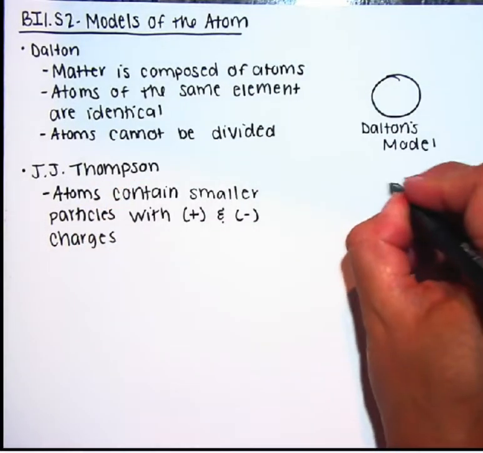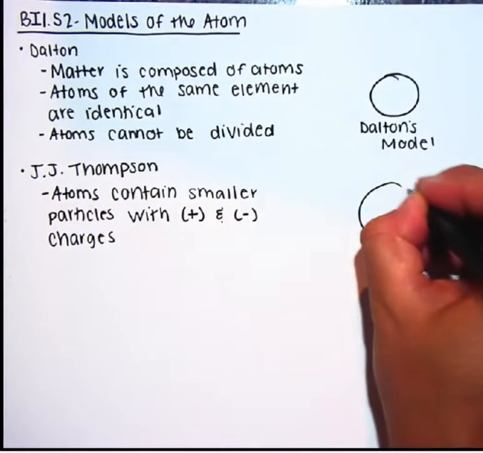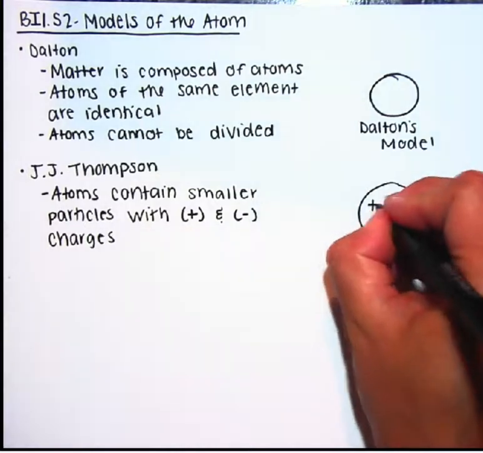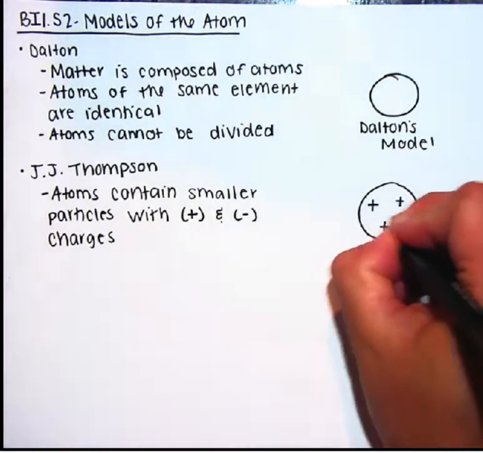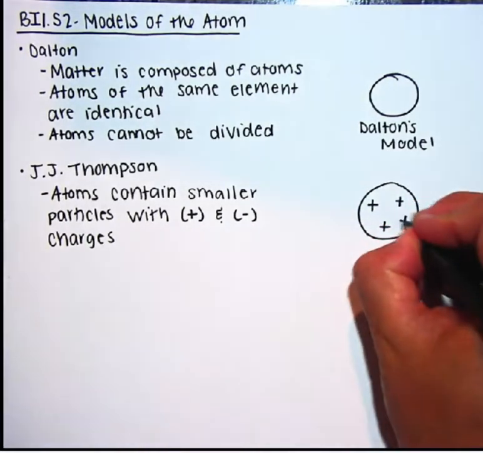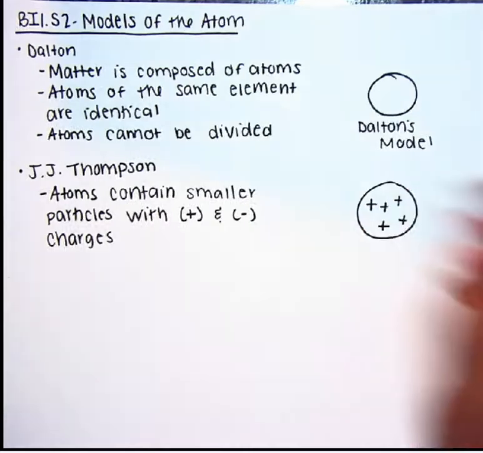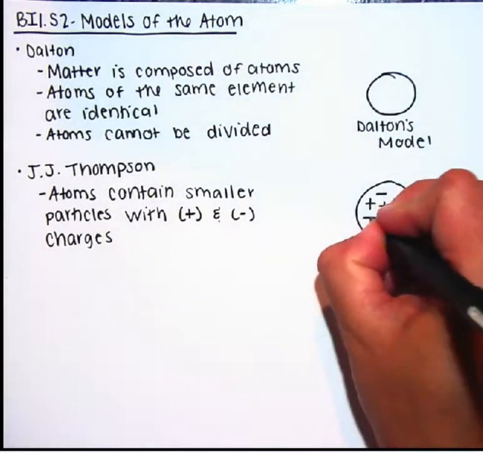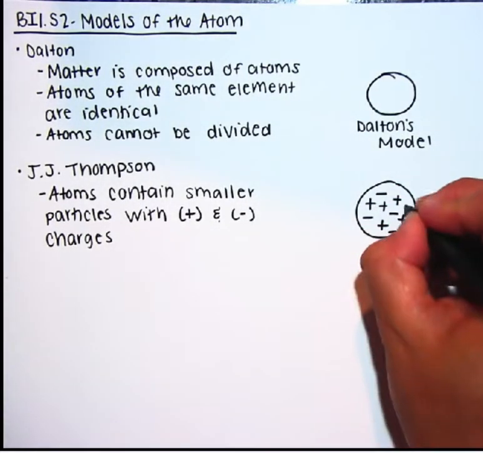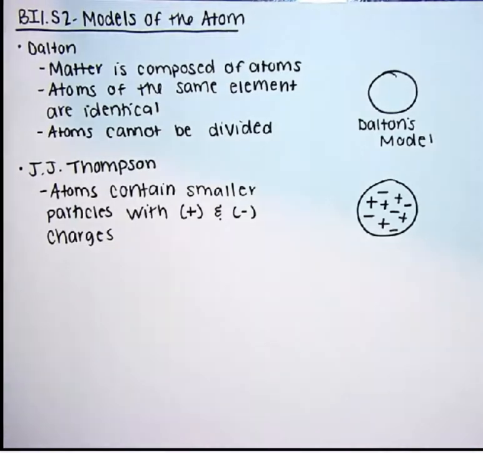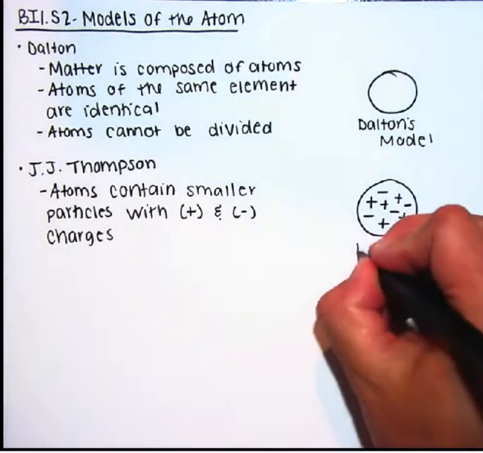So what Thomson's model looked like is we had a region of positivity. And in that, he thought that there were negatively charged particles embedded into that positively charged matter.